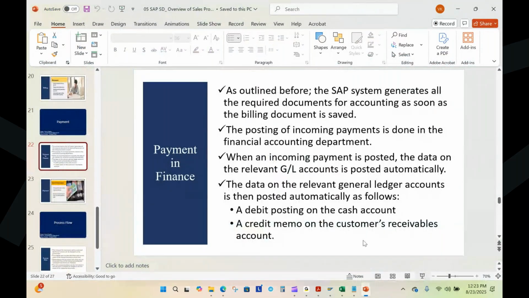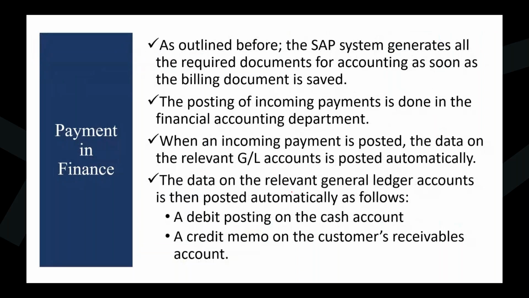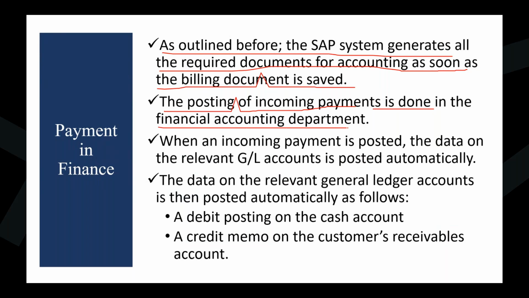As outlined before, the SAP system generates all the required documents for accounting as soon as the billing document is saved. Okay, as I just explained, the posting of incoming payments is done in the financial accounting department. So this will be done by the finance team, not by us.